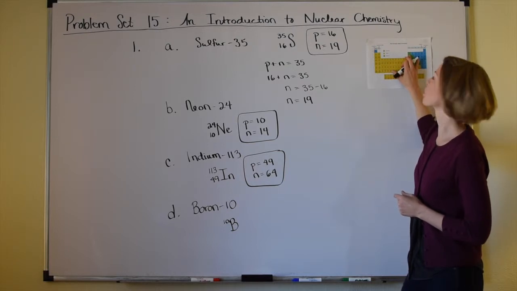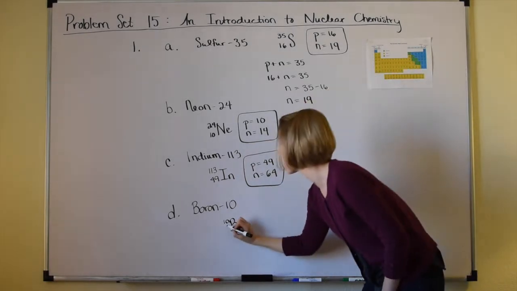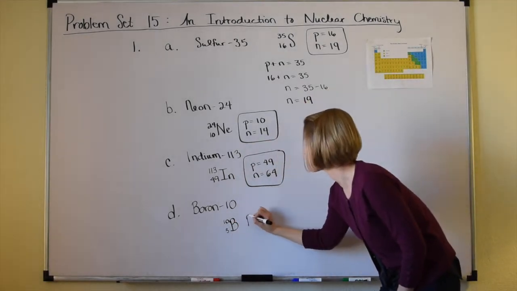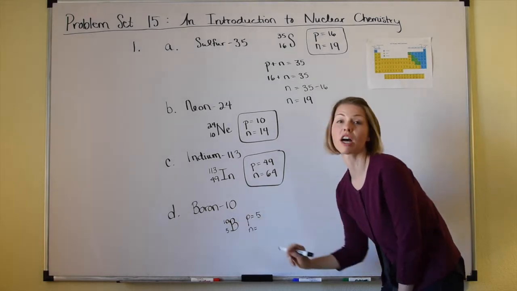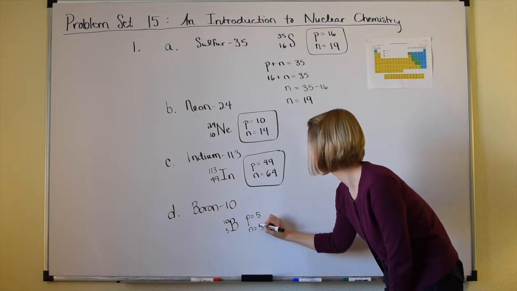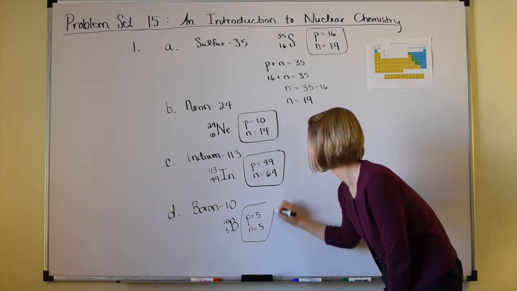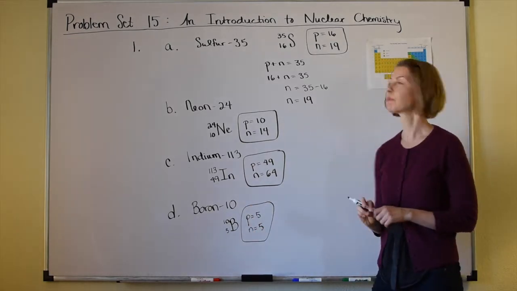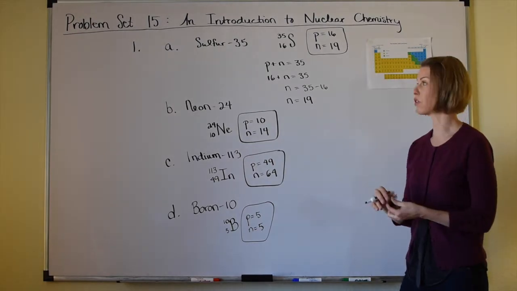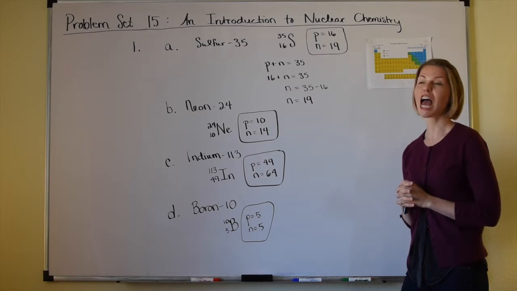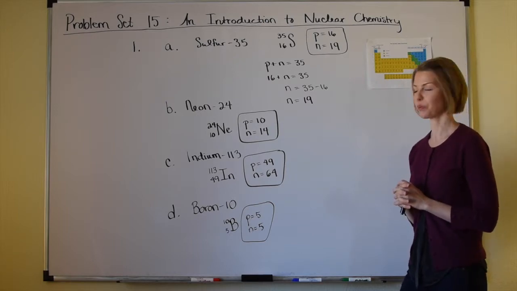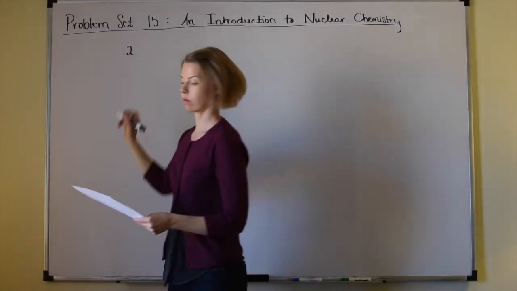Boron is also in group 3A with an atomic number of 5. So the number of protons is 5. The number of neutrons then must also be 5 for that isotope of boron. Okay, so that is all of number one. Let's go ahead and erase here and go on to number two.